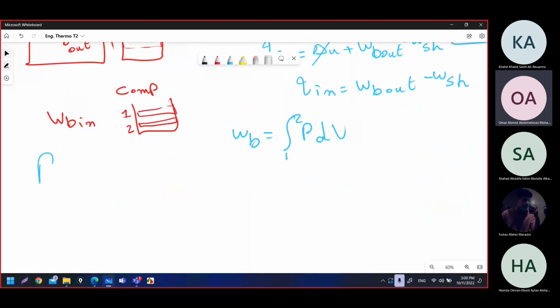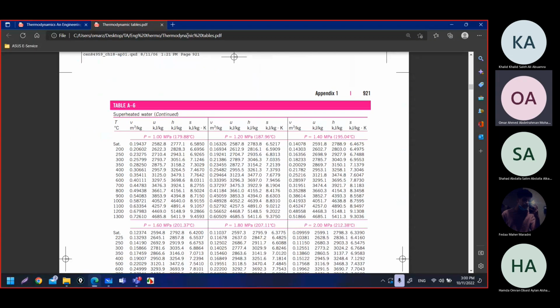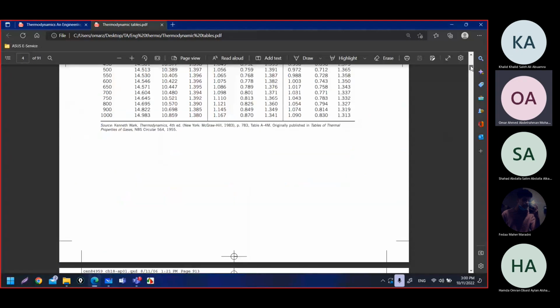The ideal gas law, PV is equal to mRT, for V capital, for m in meters cubed. So this mass is constant. It is a fixed system. This chapter is called closed system, the mass is fixed. So m is constant. R you can find from Table A-2a.